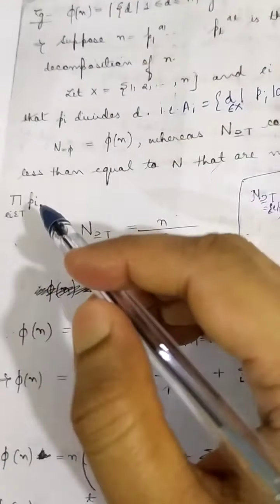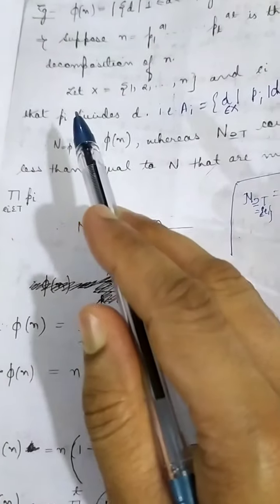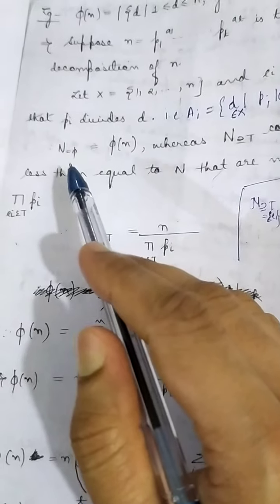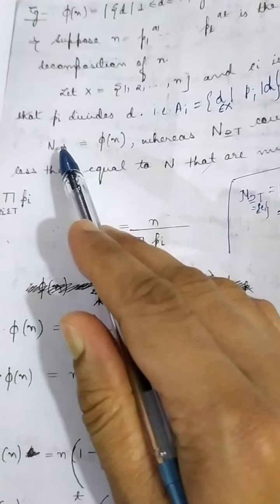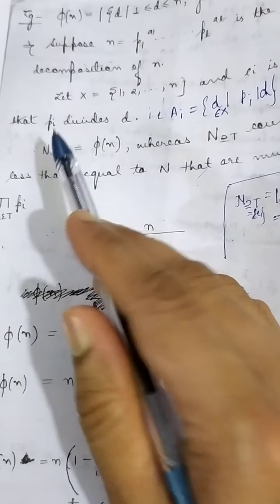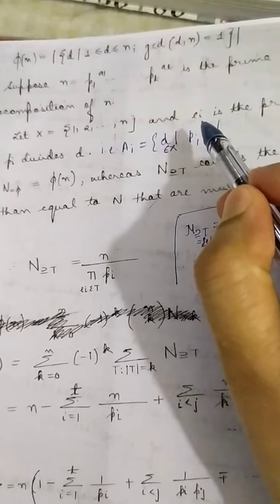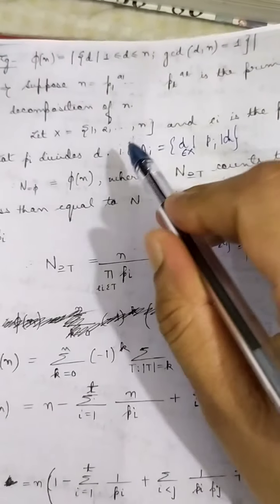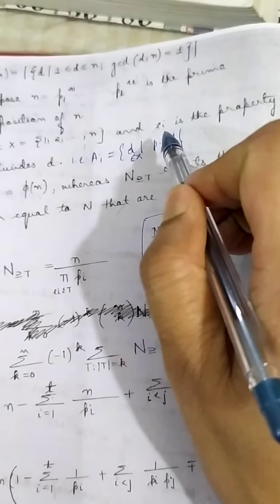Now N equal to phi, that is the left hand side. What does N equal to phi imply? Phi is a subset of these properties e1, e2, up to et. Here t properties are there. We are interested in t properties here.